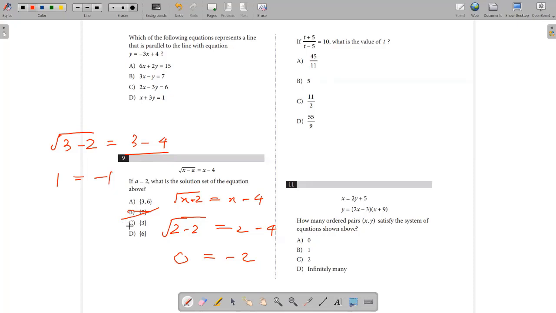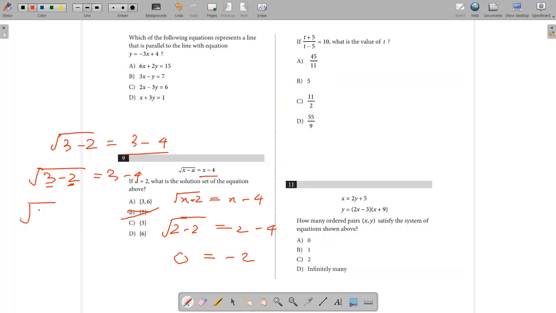Did you understand how I did this? No. Okay, I'll just do it again. See, we plugged in the value of x as 3, right? So we got square root of x minus 2 as square root of 3 minus 2 equals x minus 4, which becomes 3 minus 4. So how much is 3 minus 2? 1.